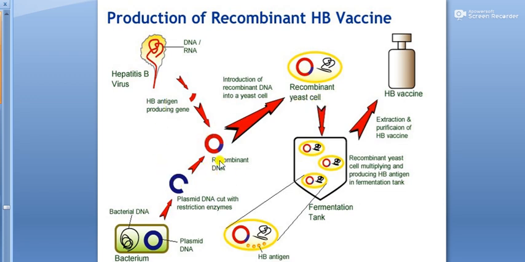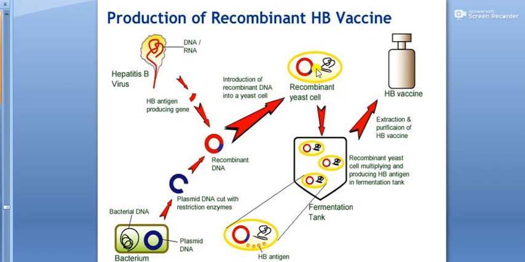So recombinant DNA, or rDNA, is introduced into the host cells, and these host cells are introduced into a fermentation tank. The fermentation tank contains a medium where the recombinant yeast cells multiply and produce HB antigens, right?